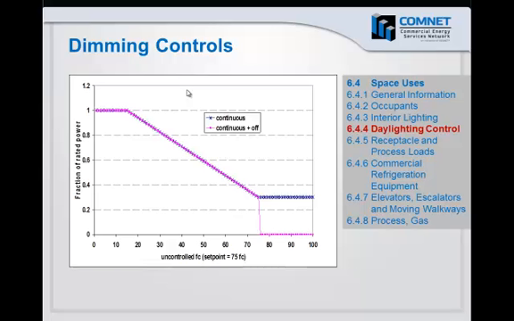There's a similar graph here that shows dimming controls, and you can see that at some point, in this case at about 20 foot candles, the lights are full bright, and then they gradually dim down to about 30% of power in this case. But these are inputs that the modelers put into the model.